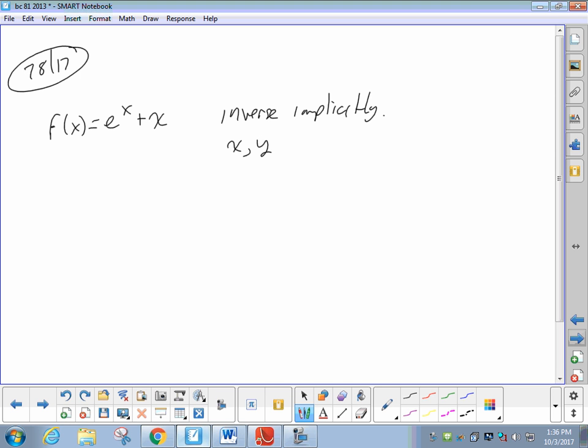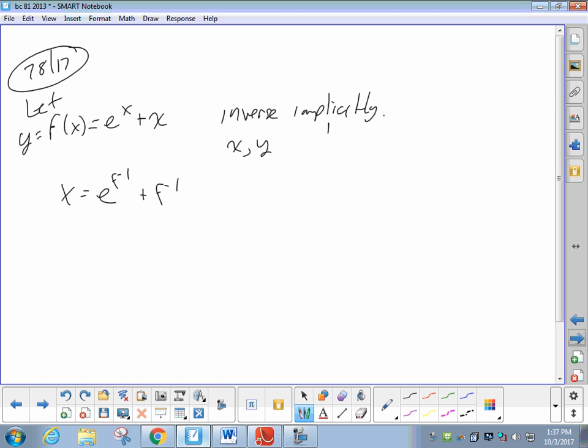If it's function, then I should be seeing this: x equals e to the f inverse plus f inverse. There's no y here. Now, your workaround would be, if you're a wuss, then you could say, let y equal, then there's a y there, and I'm okay with it. But you have to do that. I personally think this is function notation, use function notation.